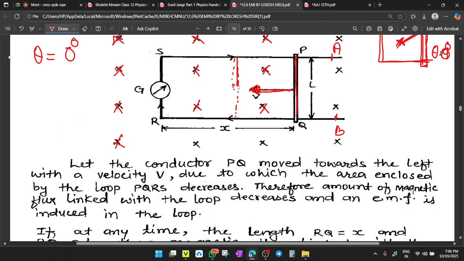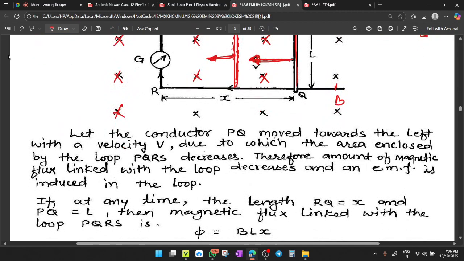Yes or no? The area of the loop is decreasing. Clear? So the conductor PQ is moved towards the left with velocity v.